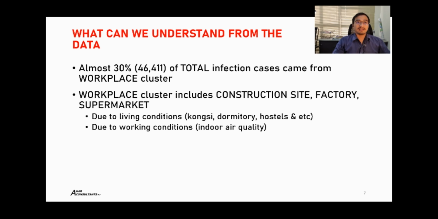The most likely reason is the close quarters living conditions of the workers. Infection can happen because the living conditions of workers in kongsi, dormitory, and hostels are packed close to one another and unhygienic, thus making them more susceptible to infection.